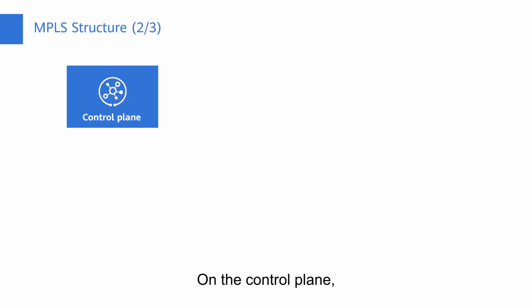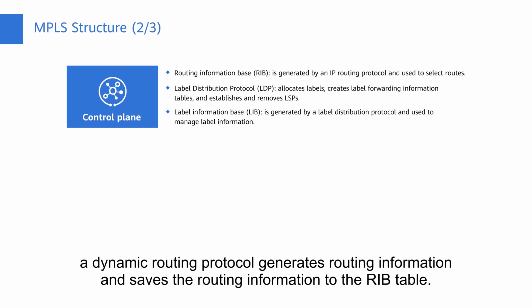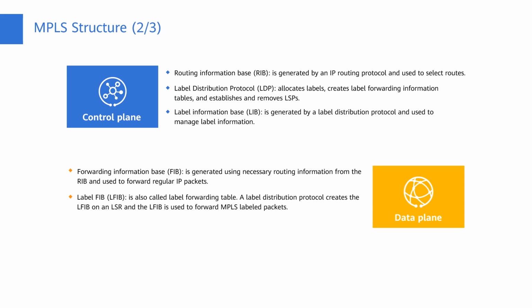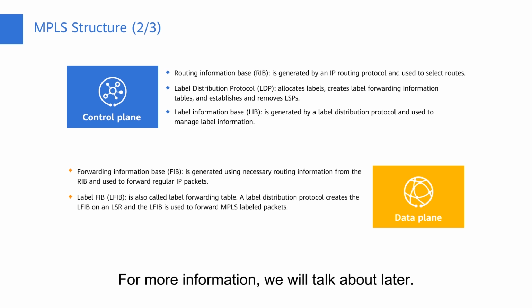On the control plane, a dynamic routing protocol generates routing information and saves it to the RIB table. LDP distributes labels, creates the LFIB, and establishes or tears down LSPs. For more information, we will talk about it later.